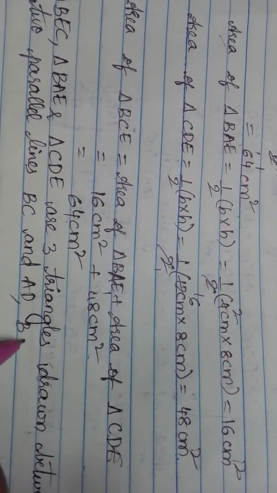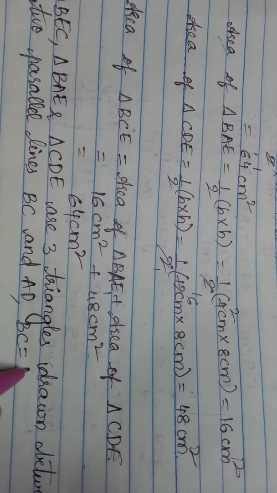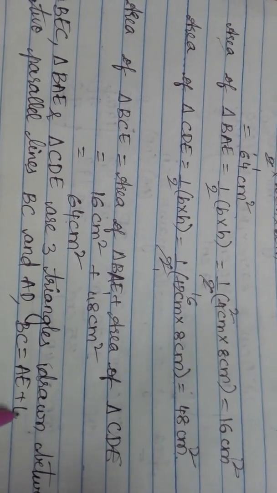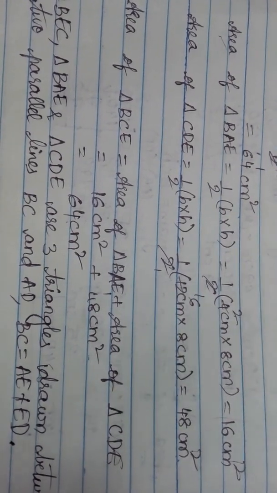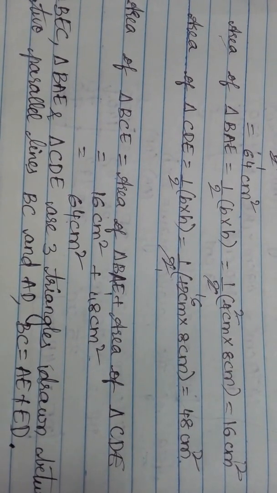Okay, so you know that BC will be equal to AE plus ED. Understood this, children? Write in your homework books.